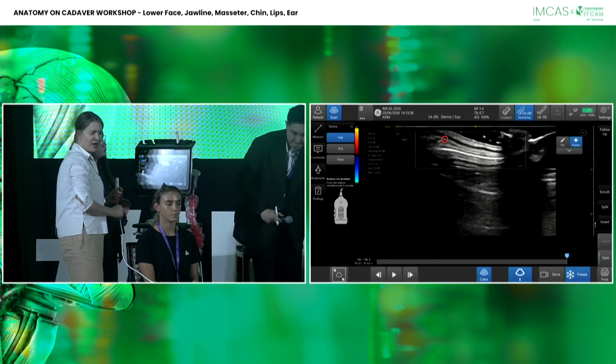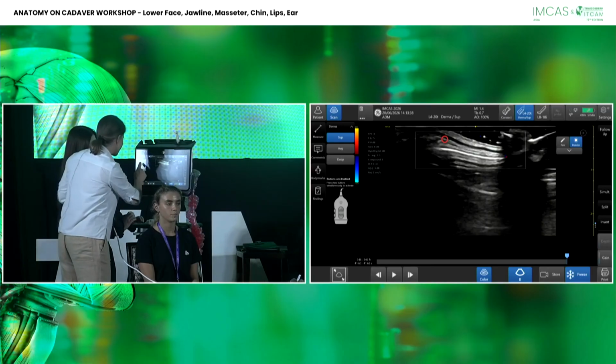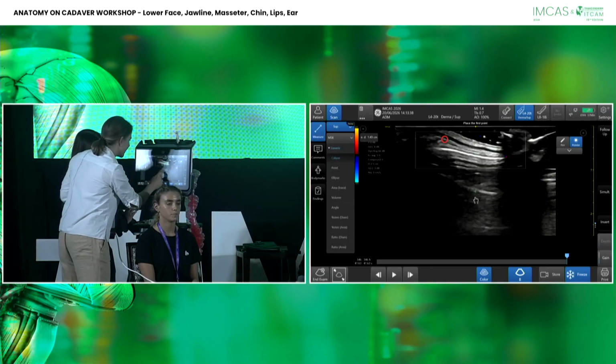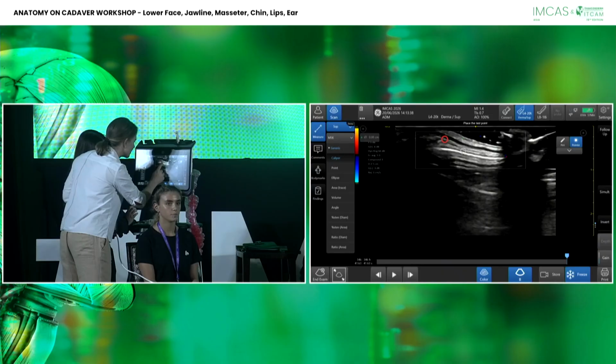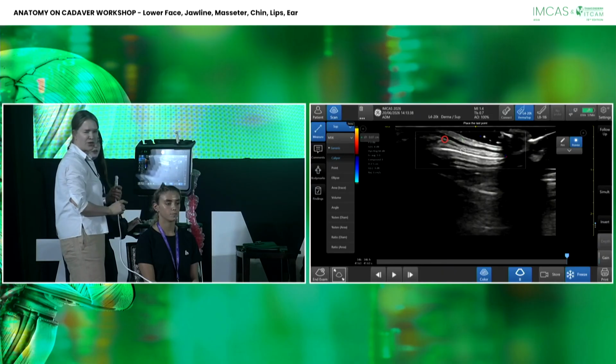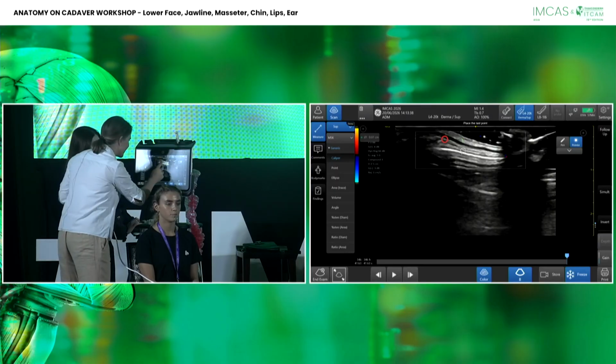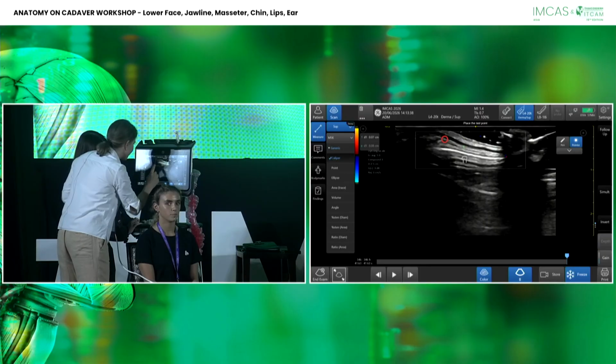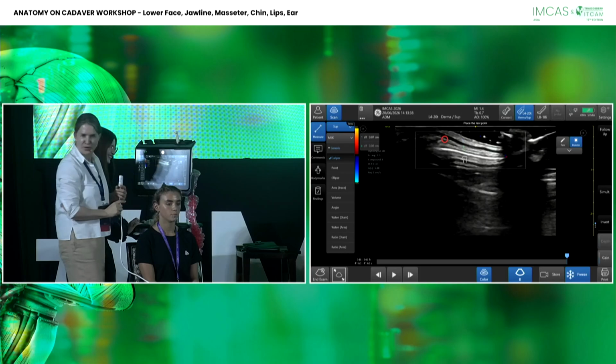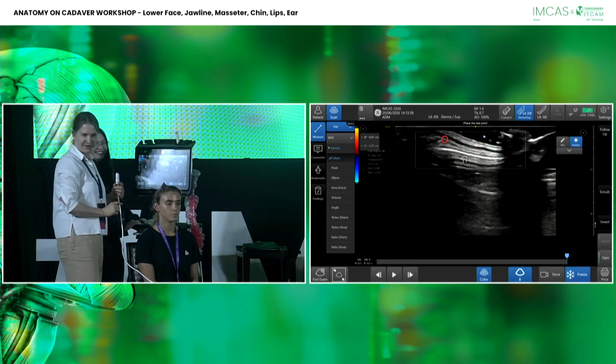Okay? So with ultrasound, you can actually see how much room you have. And the room that you have to not inject in the cartilage is 0.7 millimeter. Okay? And if you would go underneath, you have much more space. You have 0.8 milliliter. Okay?